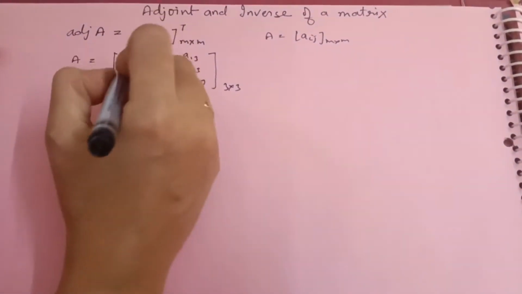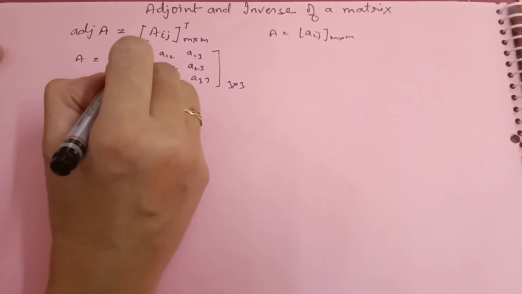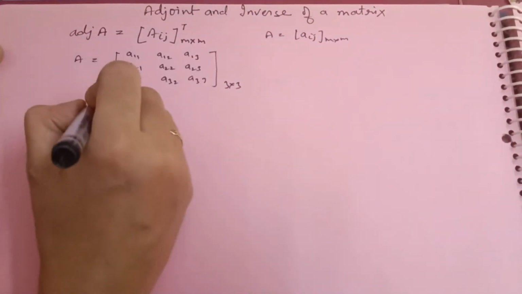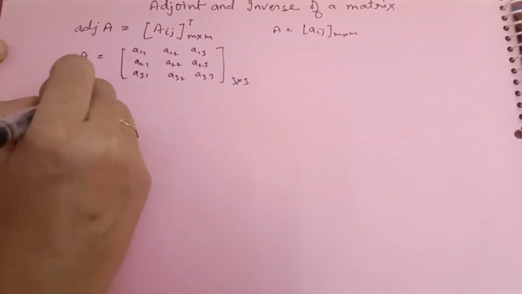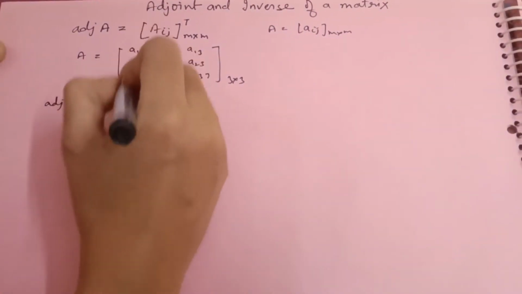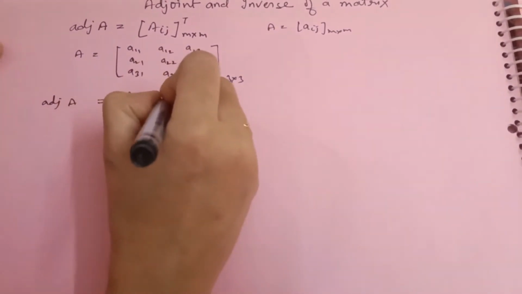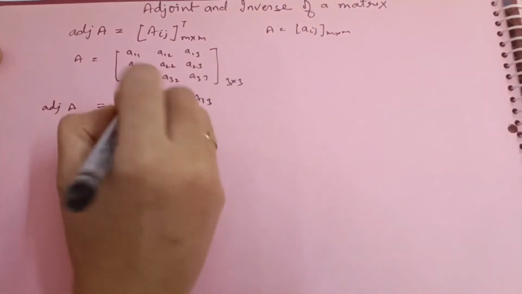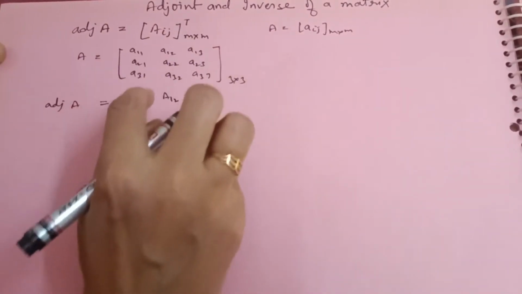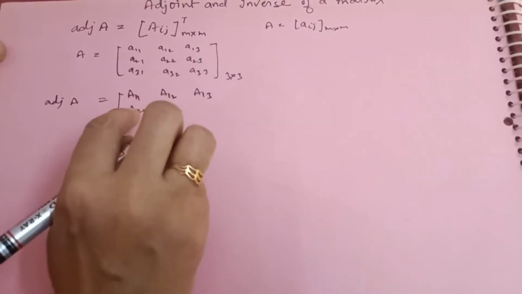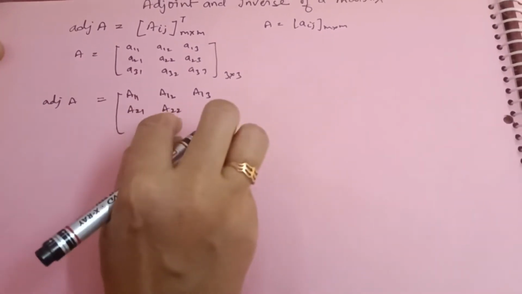Now I have taken out each element's cofactor, which I told you in the previous video how to get. So the adjoint of A will be built from the cofactors you have calculated separately: capital A11, similarly A12, A13, then A21, A22. Capital A means the cofactor of that element.